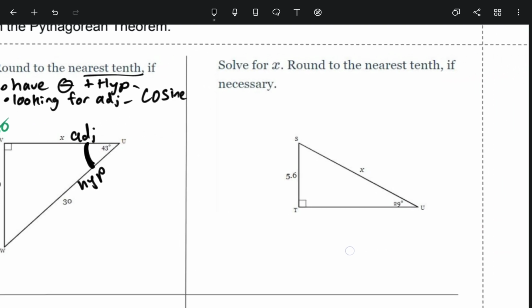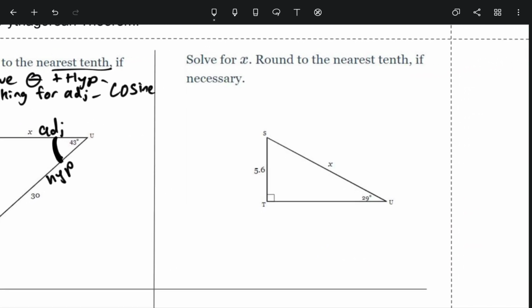Let's look at this next example here. We want to solve for x, again, rounding to the nearest tenth if necessary. So this is my reference angle right here, angle U. This is our hypotenuse, this is our adjacent, and this is our opposite.